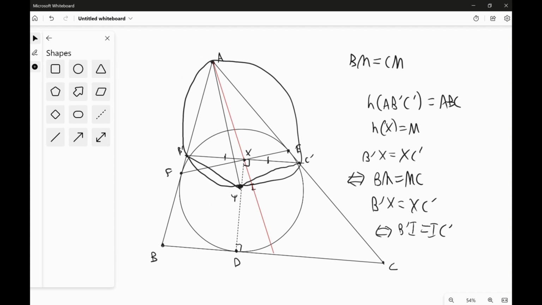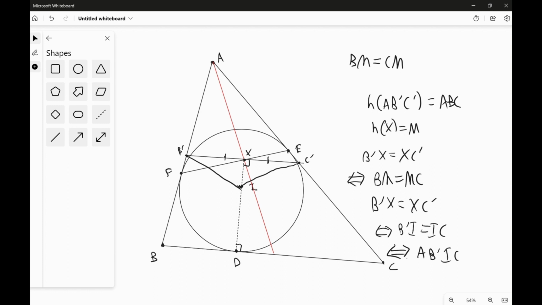However, we know that B'I is equal to C'I, so we just need to prove that I equals Y. In other words, we want to prove that AB'IC' is cyclic.